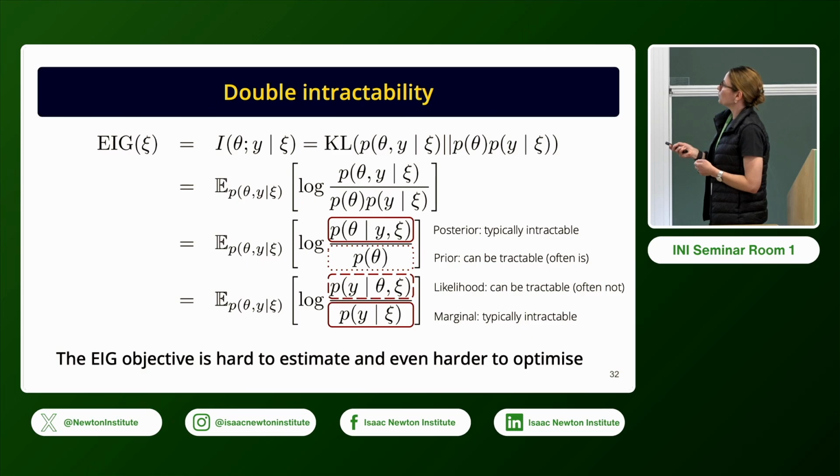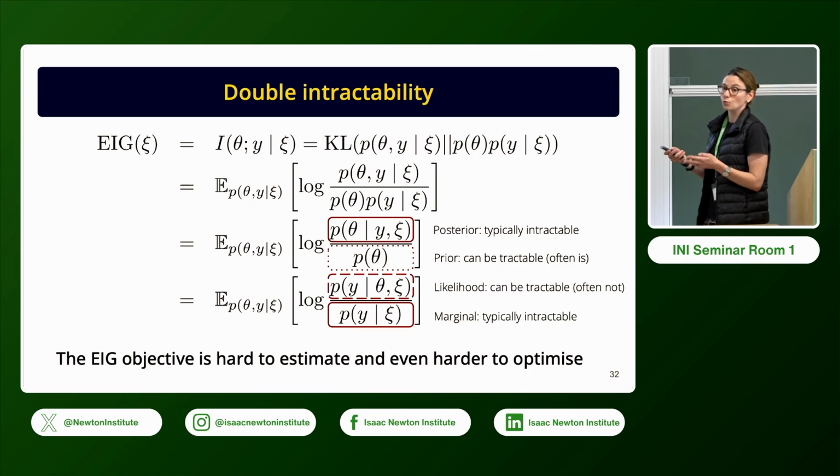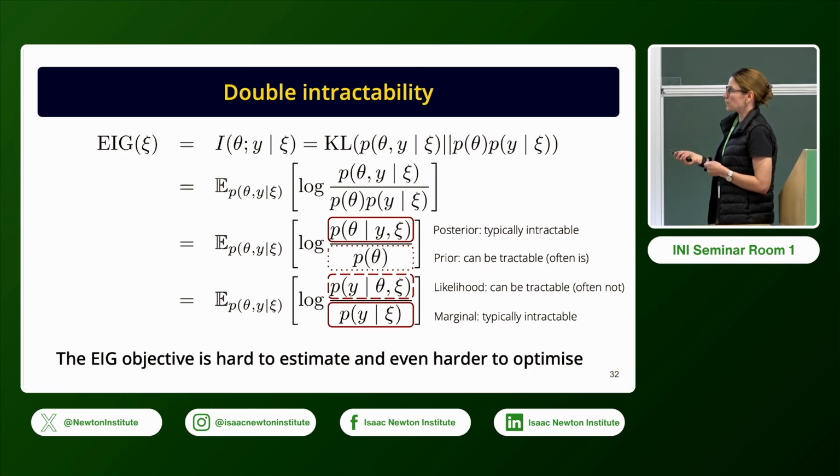If you were to pick the likelihood over the marginal formulation, the likelihood may or may not be tractable, and the marginal is also typically intractable. So, as a result, this EIG objective is very nice mathematically, but it is quite difficult to work with computationally, right? It is very hard to estimate, and it is even harder to optimize because of this nesting of expectations.